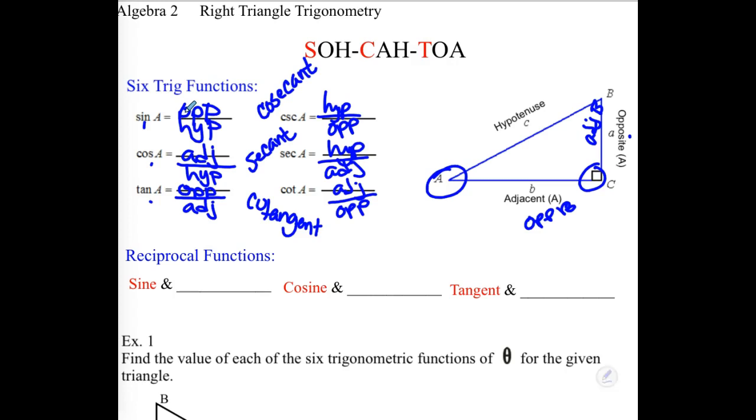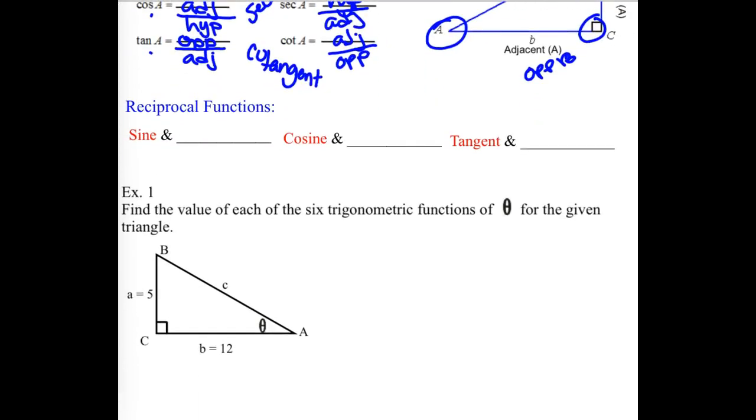So, reciprocal functions. Sine went with which one? Cosecant. Cosine goes with secant. The way I tell kids to remember that, you have 2 words that start with C and 2 words that start with S, right?